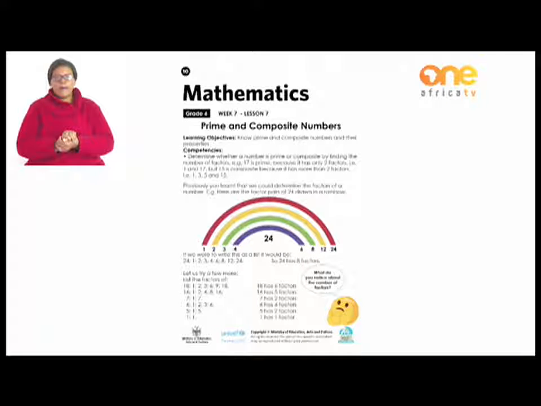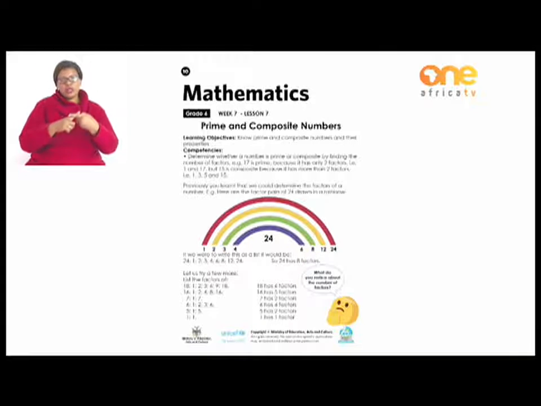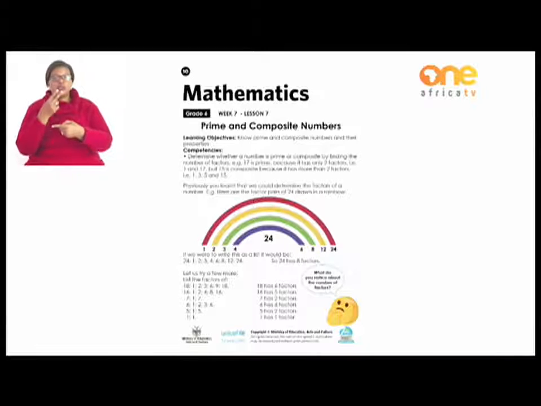Then we have 3 and 8, which multiply to give 24, and lastly 4 and 6. So the numbers 1, 2, 3, 4, 6, 8, 12, and 24 are factors of 24.